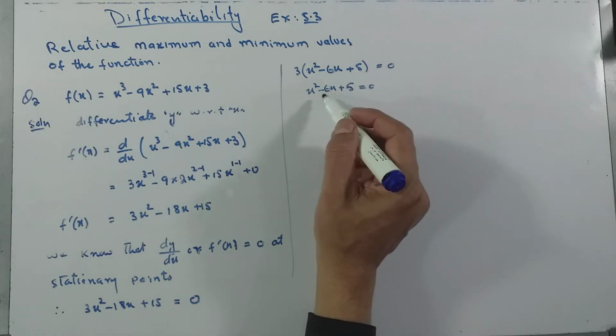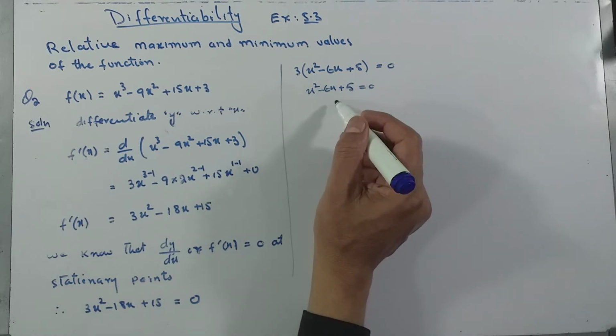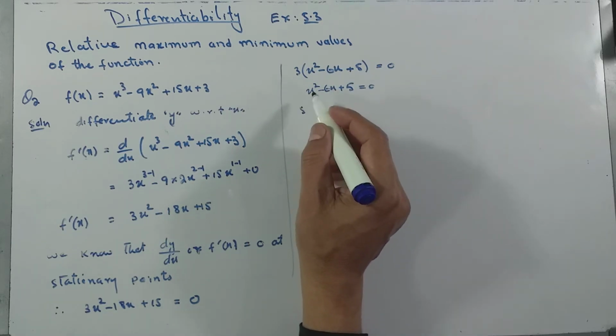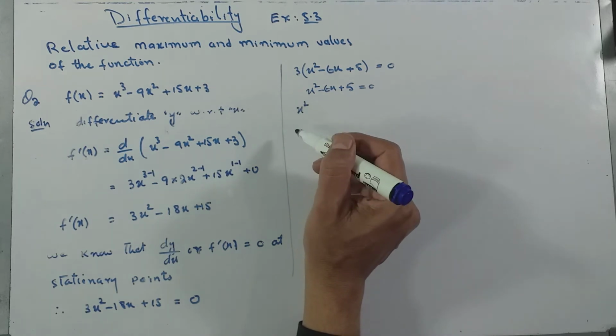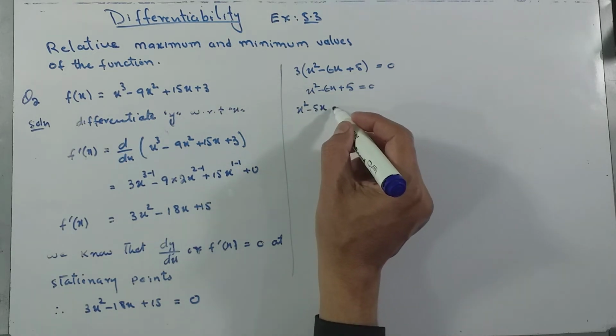Now, we will do this by breaking the middle term. We will solve this one, factorize it by breaking the middle term. So x square, 5, minus 5x and minus x.